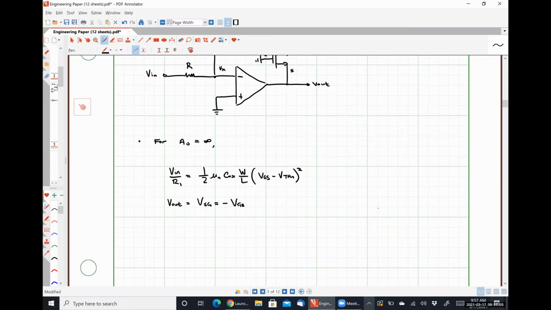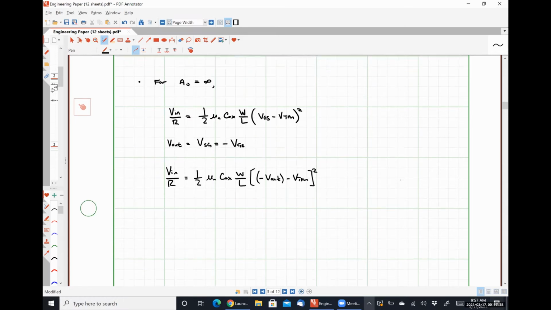So with that in mind, we will have Vn over, oh, I don't know why I keep writing R1. There's only one resistor, so I haven't labeled it. I apologize. Vn over R is equal to 1/2 mu n C ox W over L, negative V out minus VTHN, quantity squared.